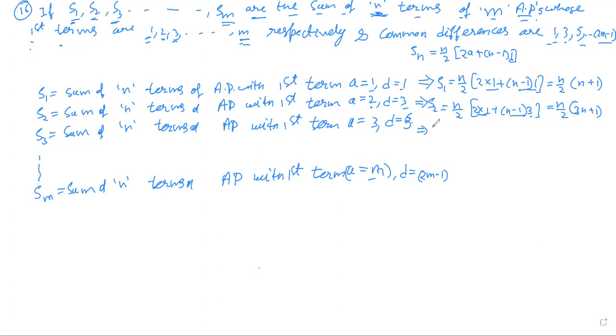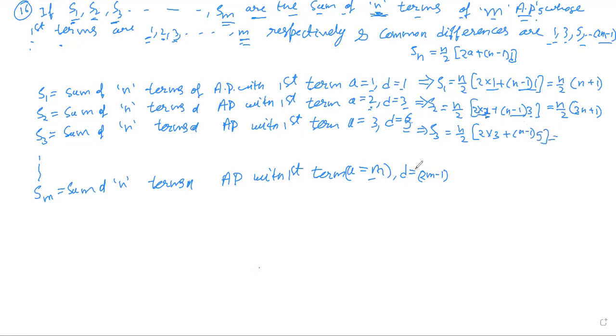When we take d equals to 5, S3 equals n by 2 into 2a, this time value of a is 3, plus n minus 1 into d is 5.